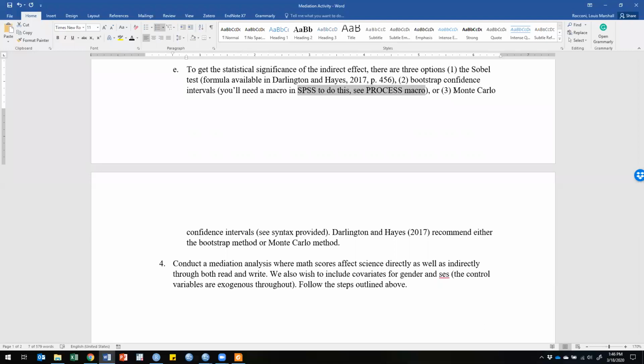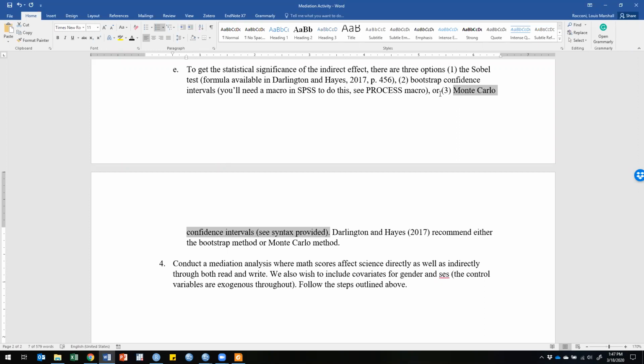And then the third way you can calculate the statistical significance of the indirect effect is through what are called Monte Carlo confidence intervals. Here, instead of creating additional data sets like you're doing in the bootstrapping case, you're sampling from a distribution with a set mean and standard deviation.